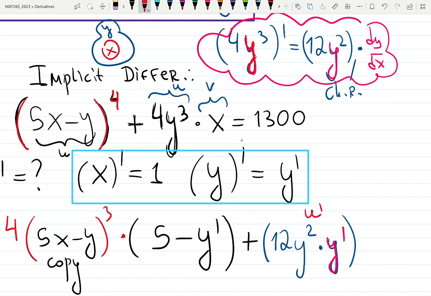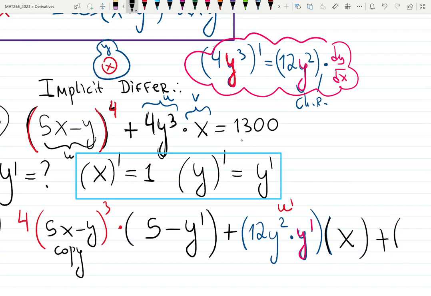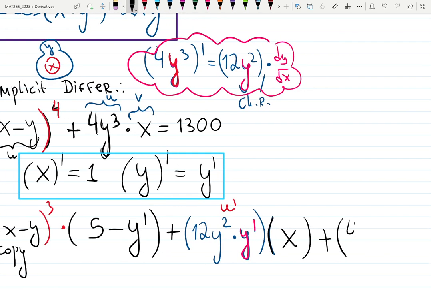Bless you. This is u prime. Then it says copy v. Okay, I'm going to copy v in black, like here. V was x plus, copy u, that is 4y cubed, times, you see, I'm not differentiating stuff with y, so there's no y prime this time. Times, differentiate v.